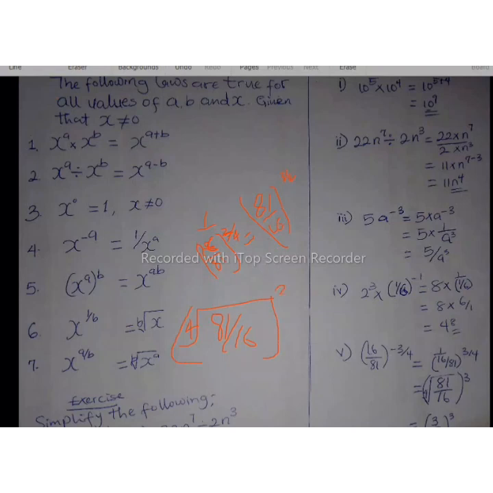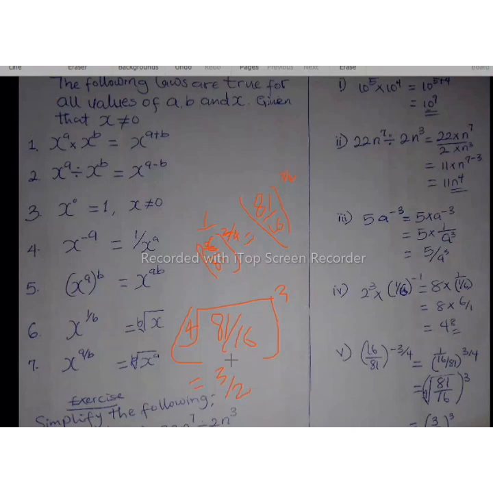If you look at this, the fourth root of 81 will give you 3, because 3 raised to power 4 gives 81, and the fourth root of 16 will give you 2.